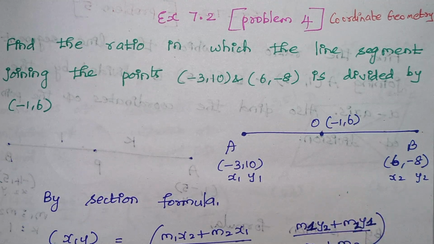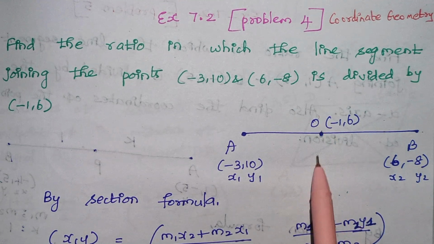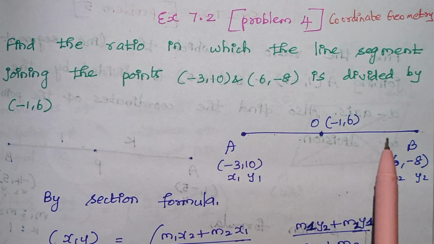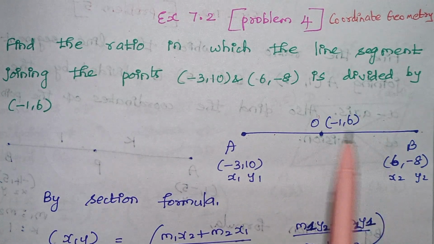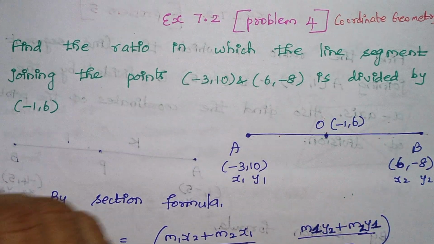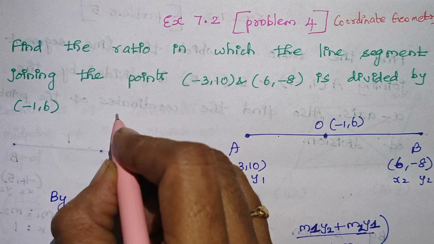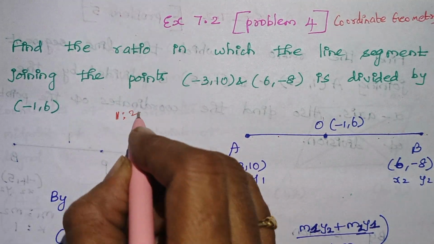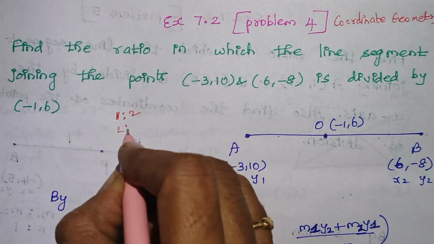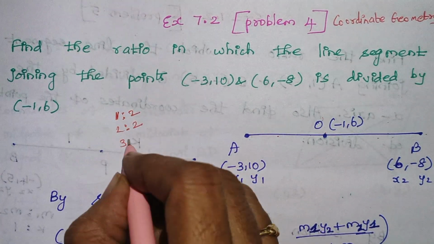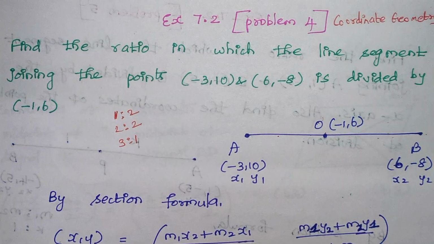So here we will break the chocolate at a particular point, and we will give this part to somebody and this part to somebody. Usually the ratio we can write in any way. The ratio may be 1:2, or even 2:2, or 3:1, right?